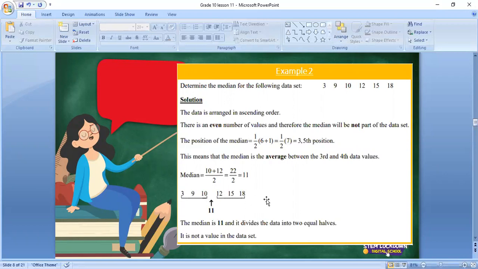So again, when we have even data, the median is not part of the data, and to find it we add the two middlemost values and divide by 2. But with an odd number of data, we can use our formula to find the position of the median and then locate the median.